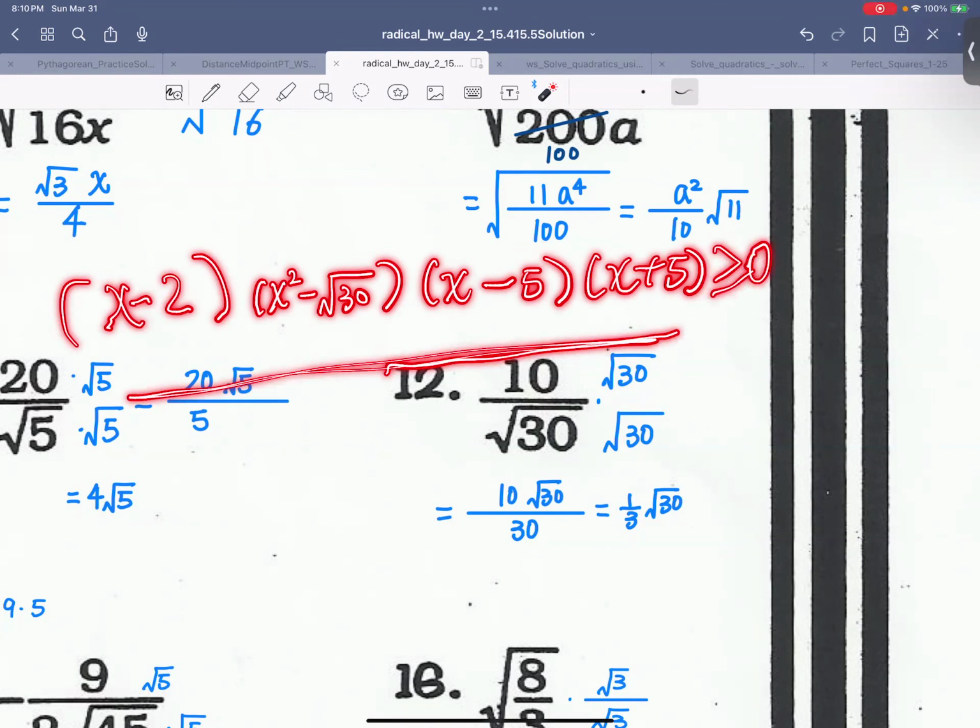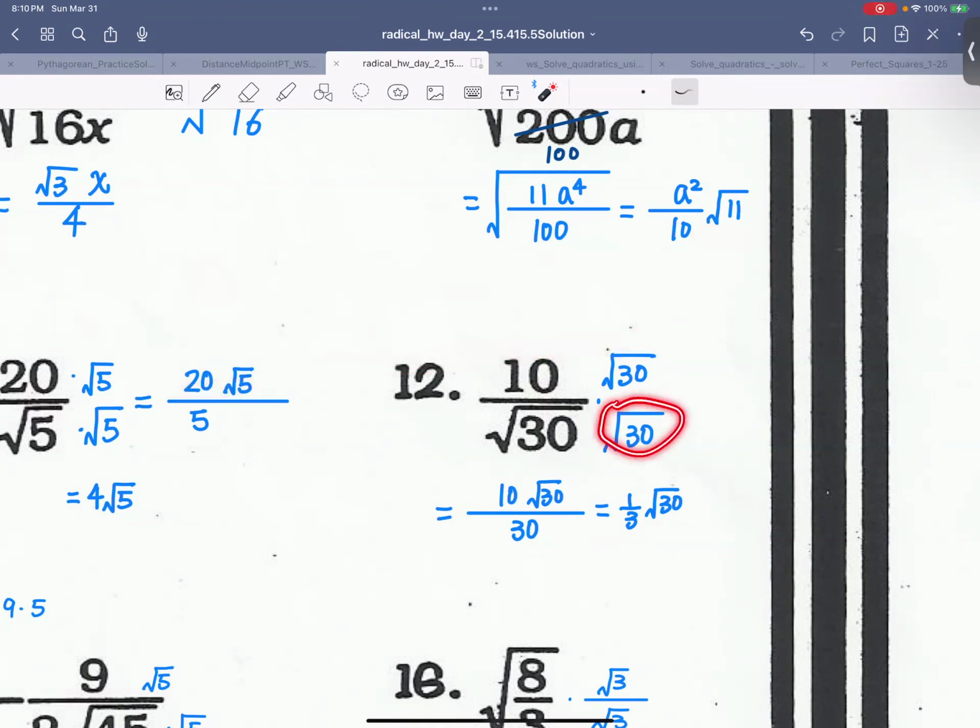You want to solve this inequality, so you have to mark all those root positions. You want to sort all those roots, all the zeros, to put them in order so that you can figure out the domain or restriction to satisfy this. What will happen if you don't know this? You have no idea. That's why we want to know square root 30.